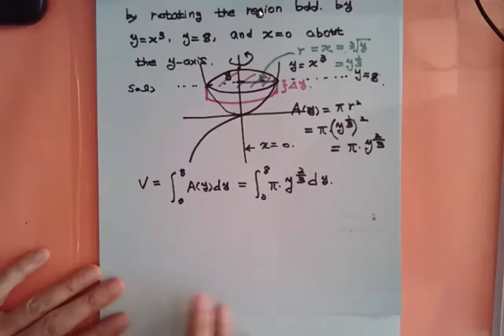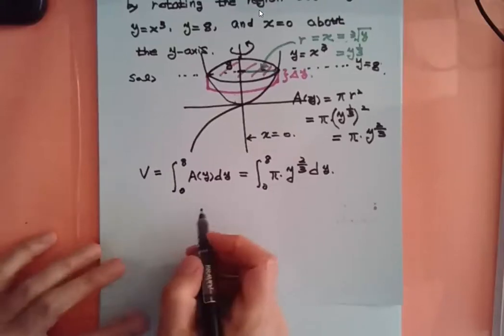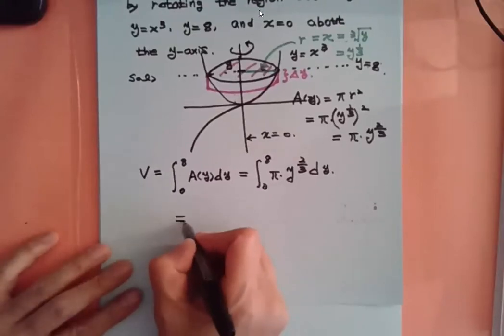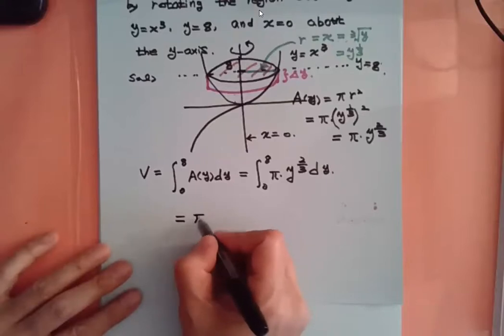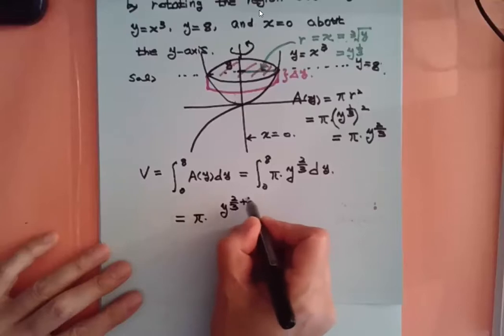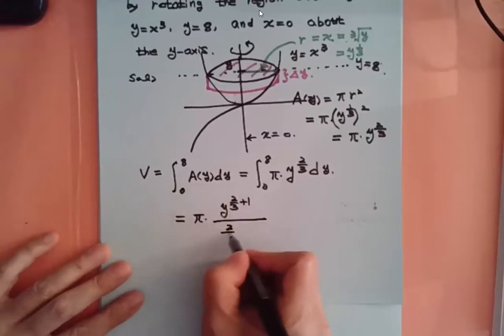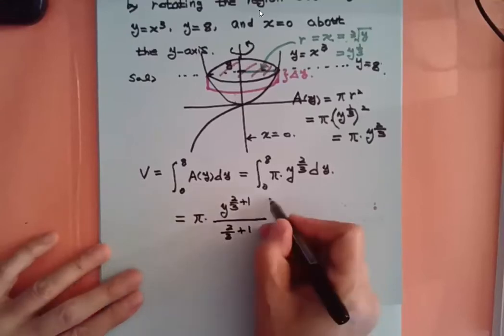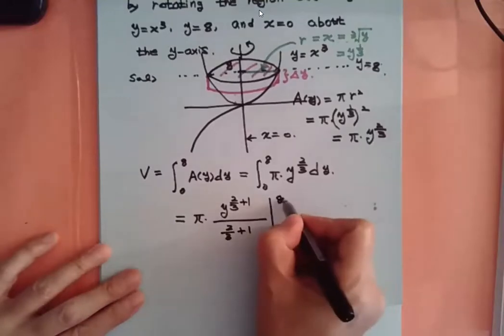And then we have to apply the integration formula for the power function. So pi times y to the 2/3 plus 1 over 2/3 plus 1, from 0 to 8.